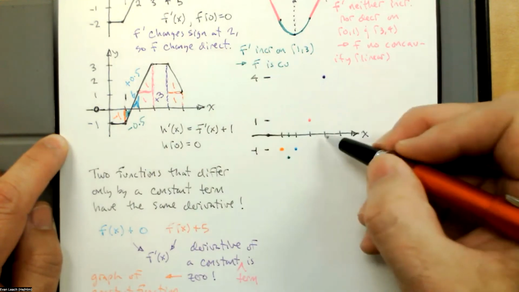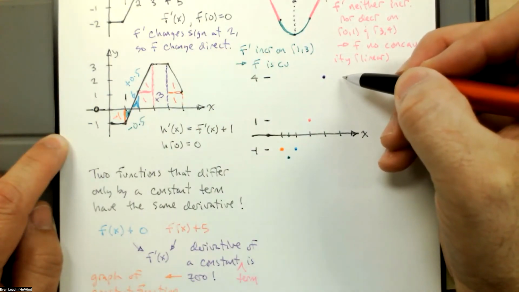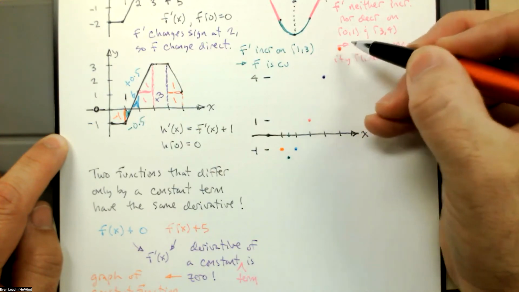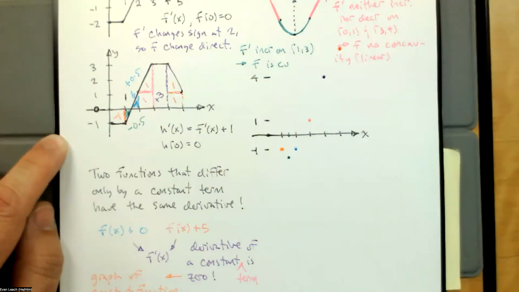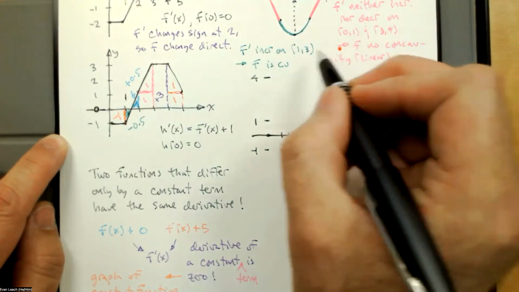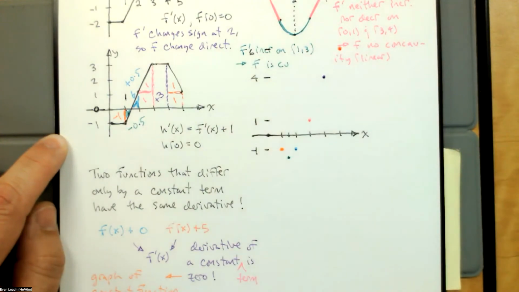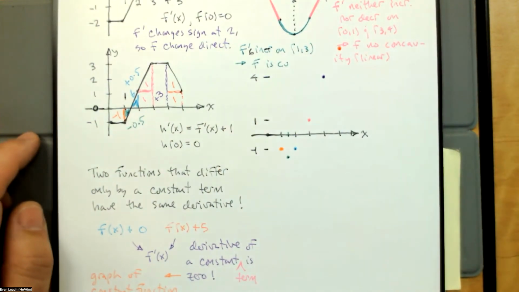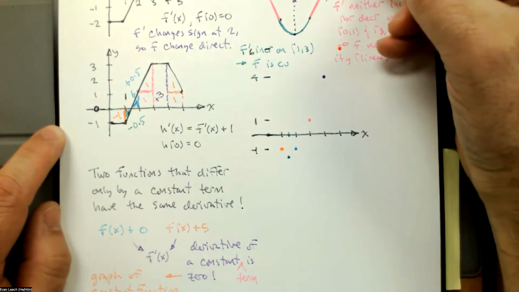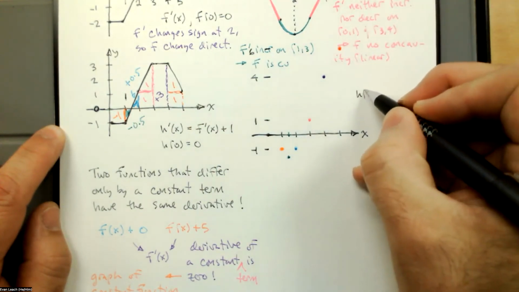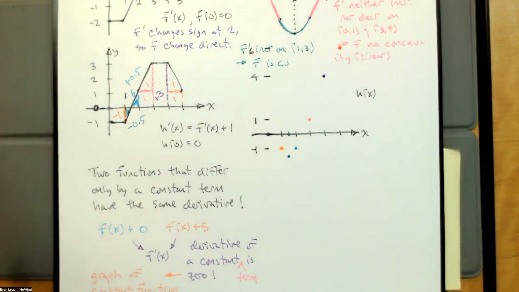So it increases by 2 more from 4 to 5. So the graph looks very different when we move the derivative up 1 unit.